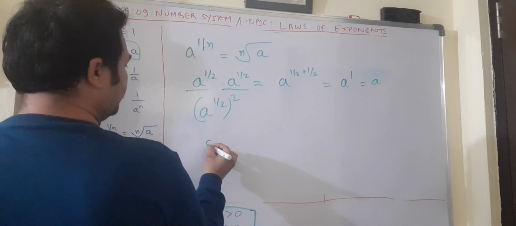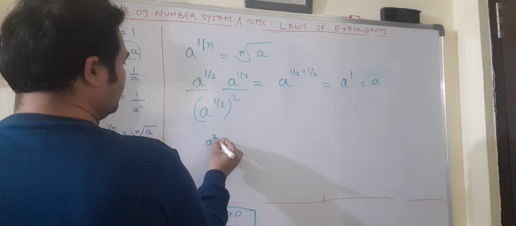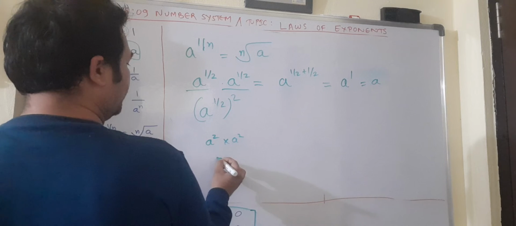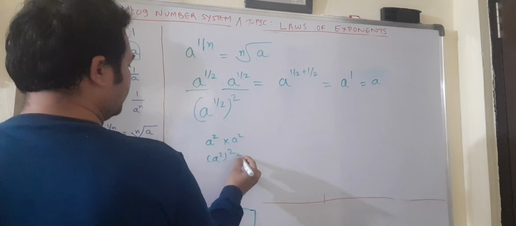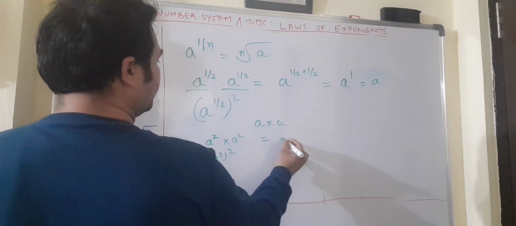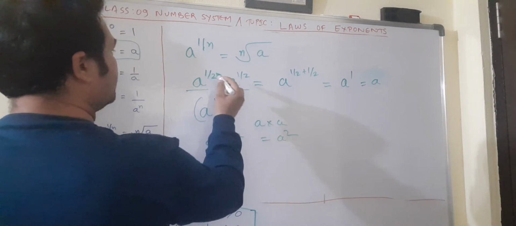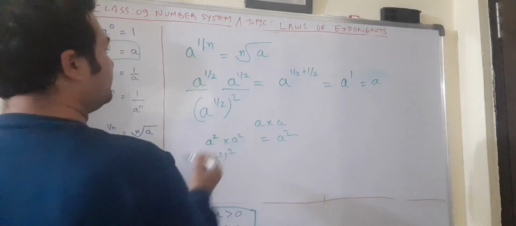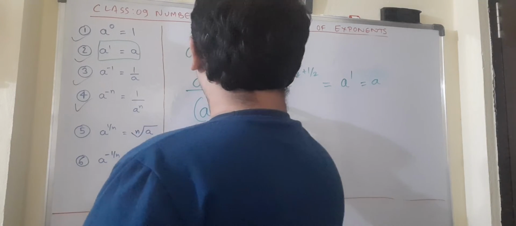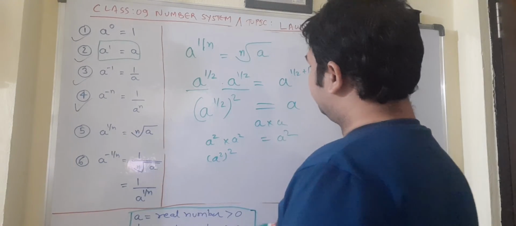If we have a to the power 2 into a to the power 2, what does it become? A to the power 2 squared. Or if we have a into a, what does it become? Simply a squared. So here also a raised to the power 1 by 2 into a raised to the power 1 by 2 will become a raised to the power 1 by 2 squared, and this has a value of what we have obtained, a.